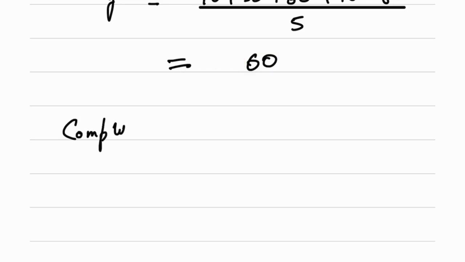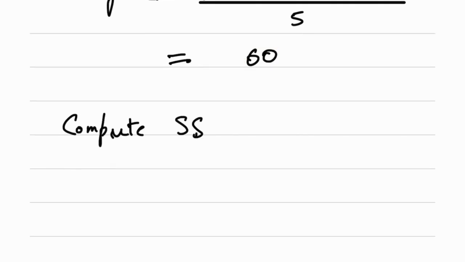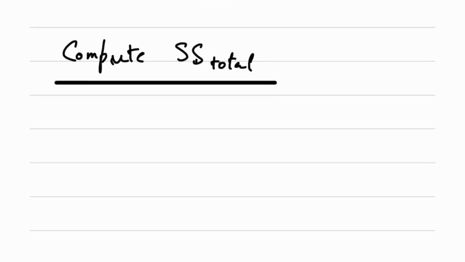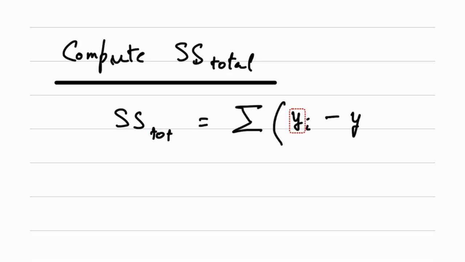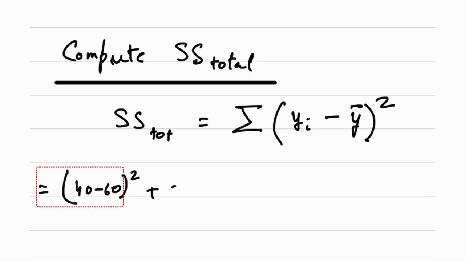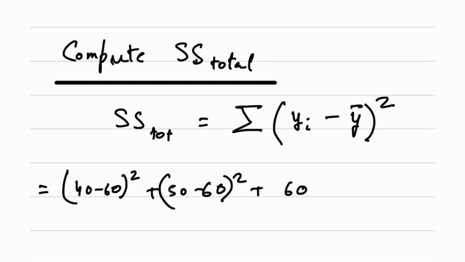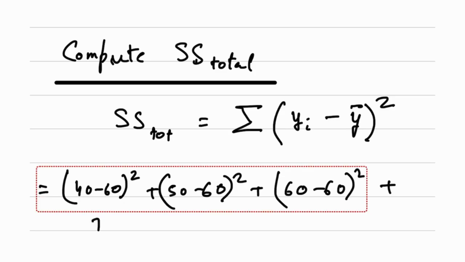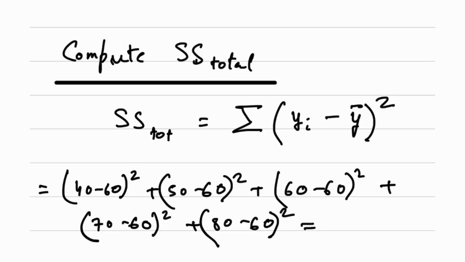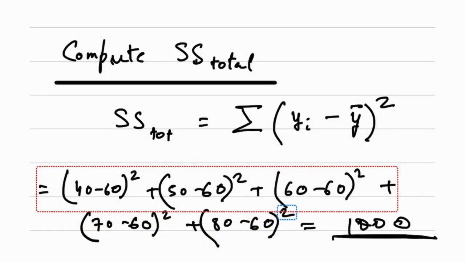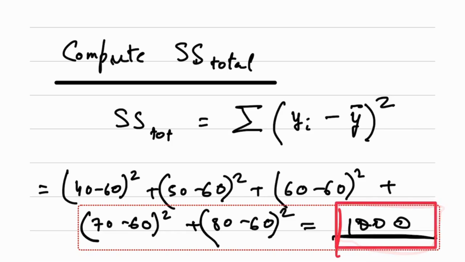And let's now calculate the SS total, which is the summation of yi minus y mean whole square. So the value in this case comes out to be 1000.